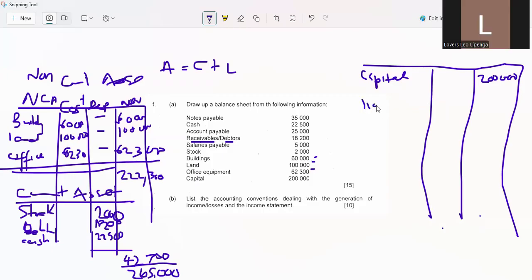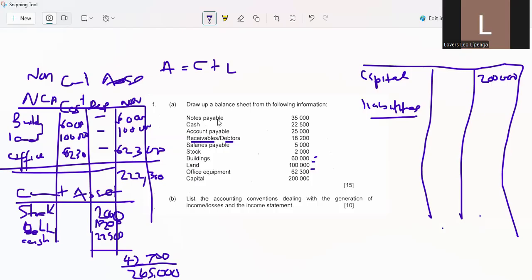Okay, and liabilities. What liabilities do we have? Notes payable and accounts payable. These are creditors.